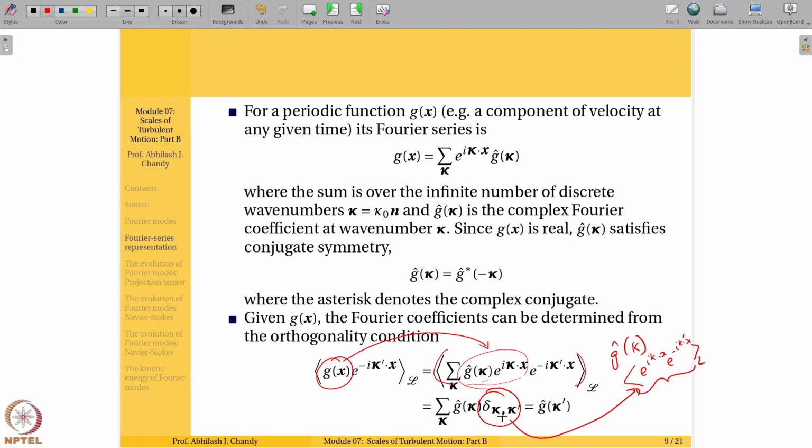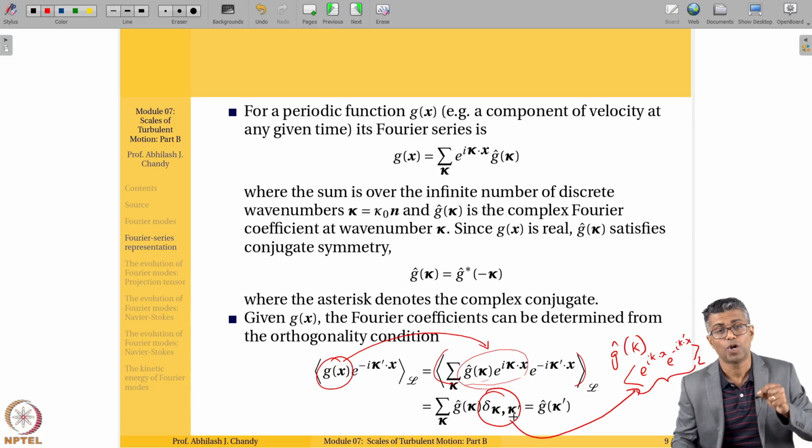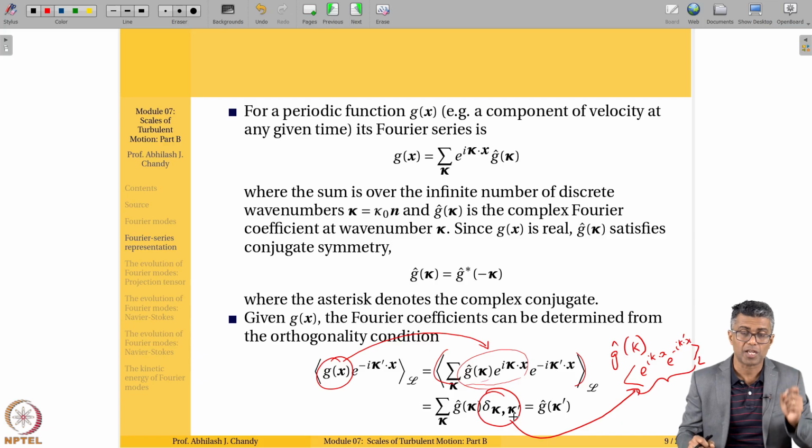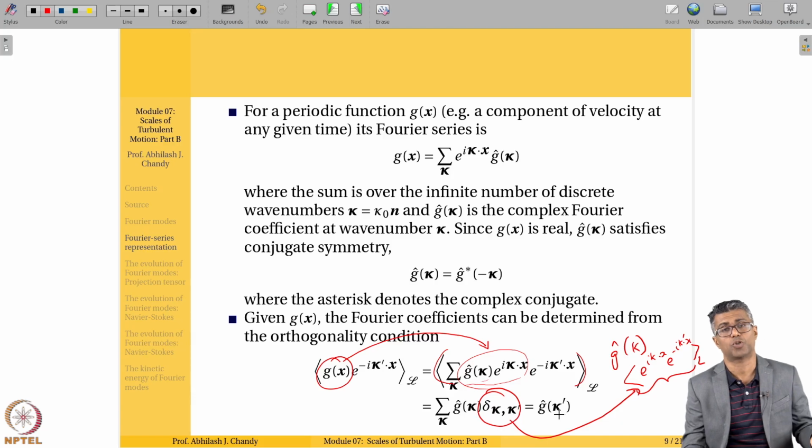By definition of the Kronecker delta, if I have g hat of kappa times delta kappa kappa prime, because the Kronecker delta is equal to 0 when kappa is not equal to kappa prime and equal to 1 when kappa is equal to kappa prime, the g hat becomes a function of just kappa prime because everything else goes to 0.